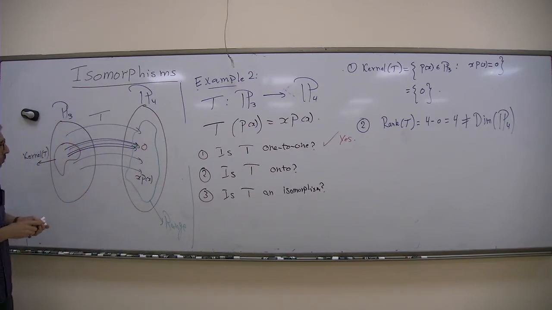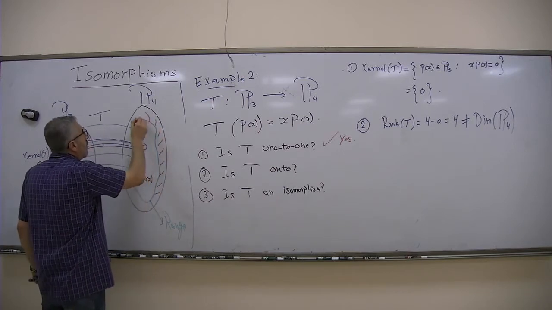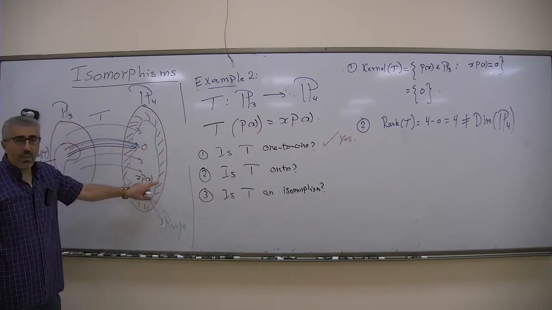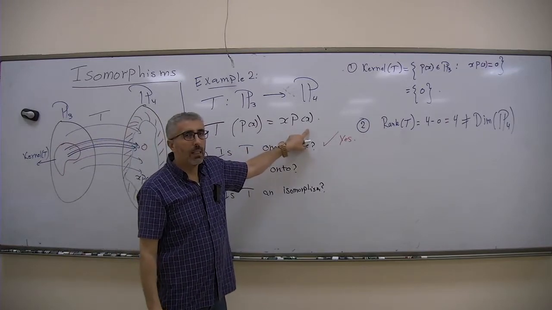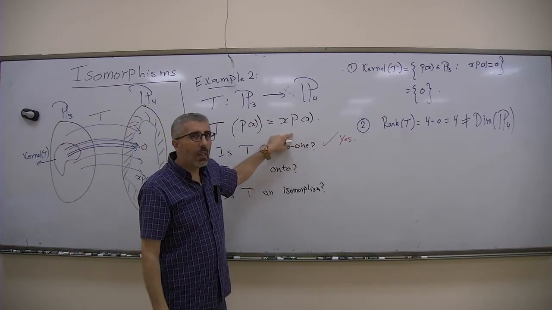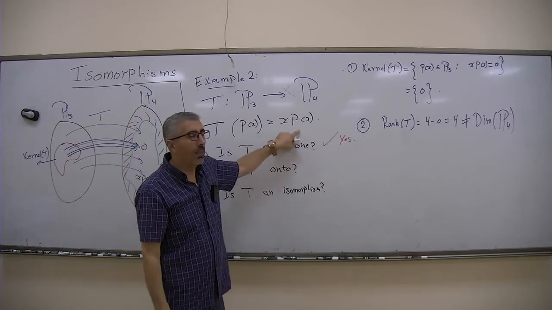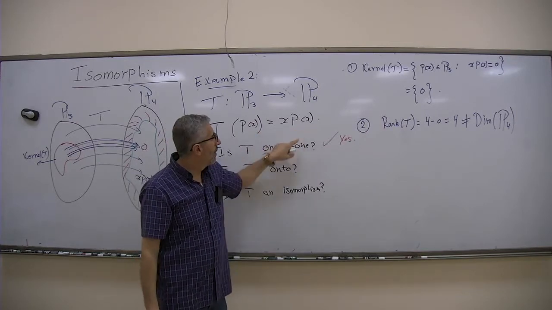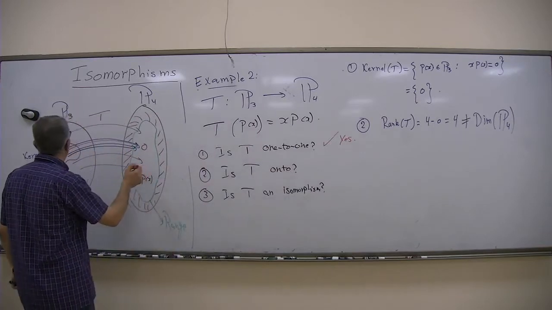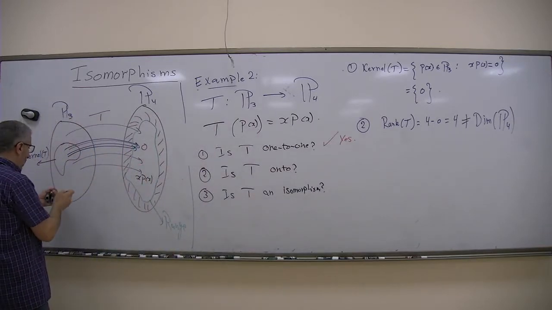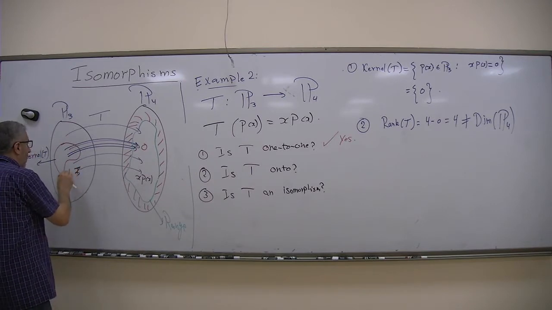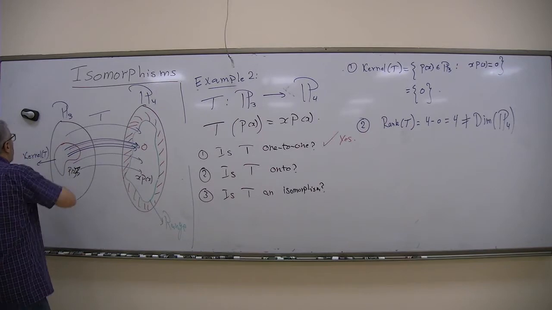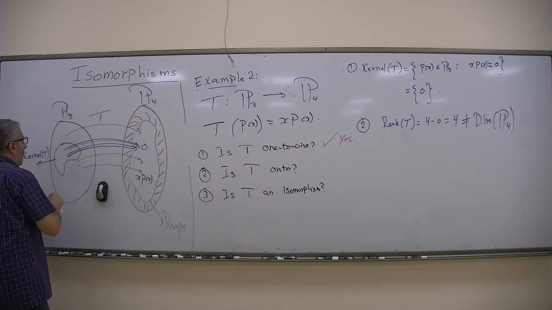So let me ask you, what is missing outside? What is left outside here? You are missing the constant polynomials, correct? So x goes to x, p(x) goes to x p(x).